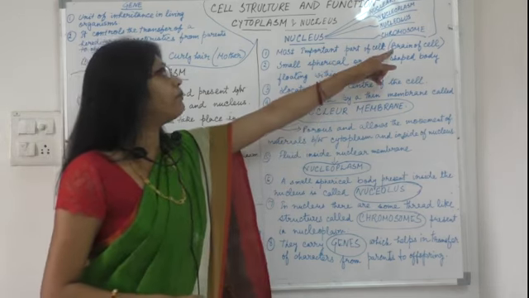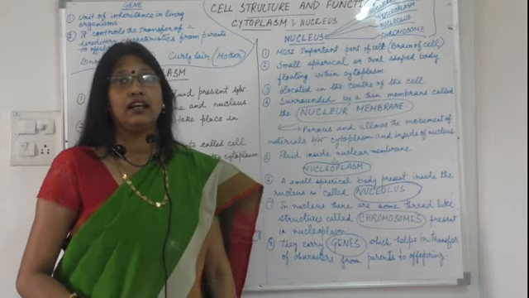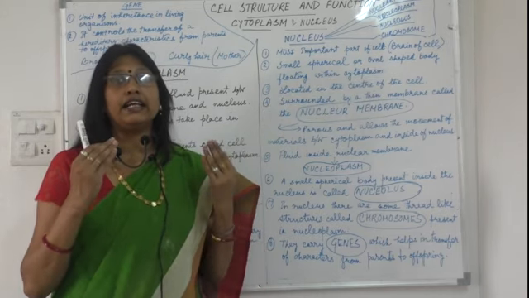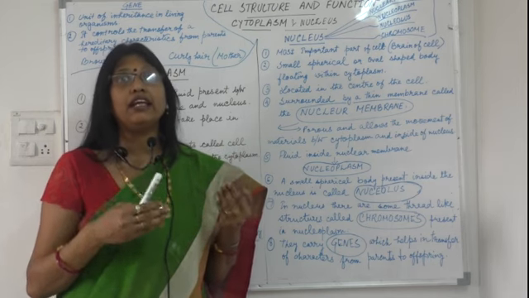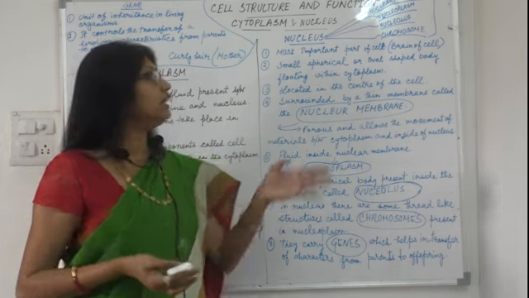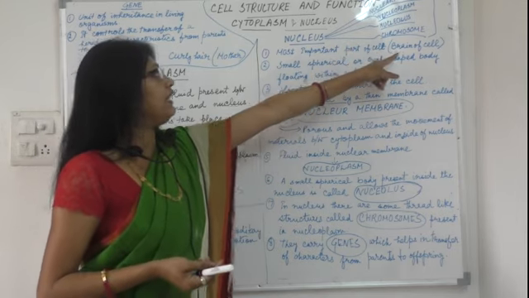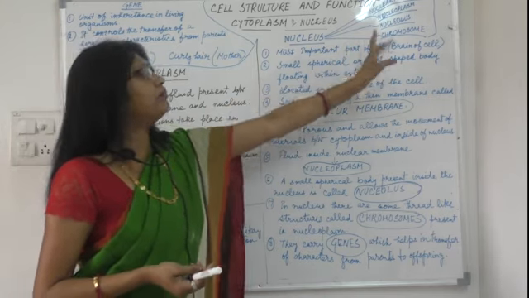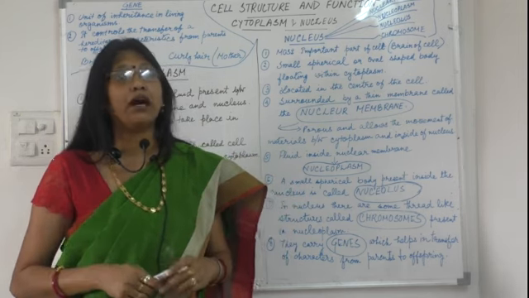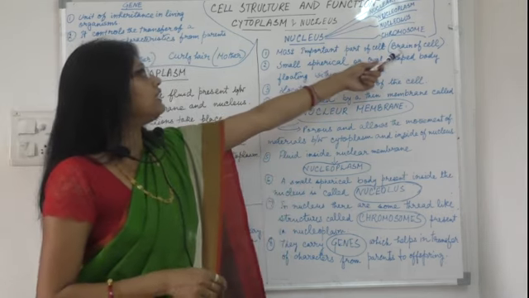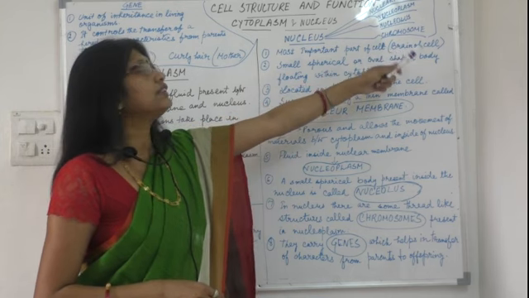It is the brain of the cell. As in our body, the brain is the main part to perform any work or function, the same in the cell, nucleus performs the main part. So it is called the brain of the cell.